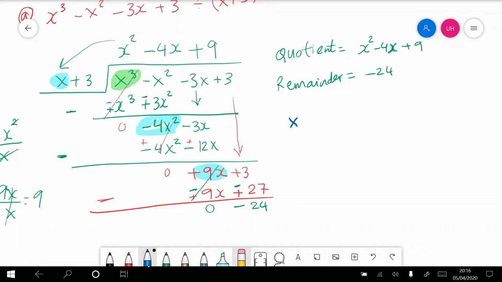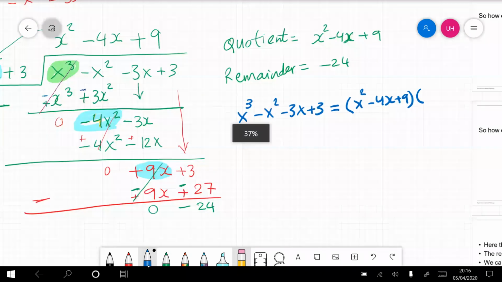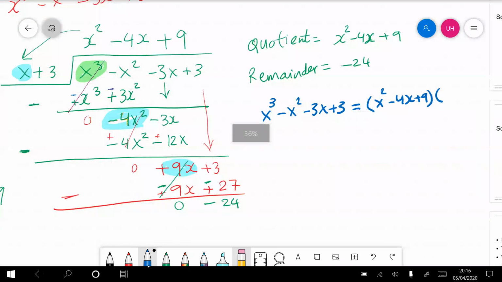The other way you can write it down as well is we can write the term itself, the cubic term, x cubed minus x squared minus 3x plus 3 equals x squared minus 4x plus 9 multiplied by the linear factor, which is x plus 3, and we have the remainder minus 24.